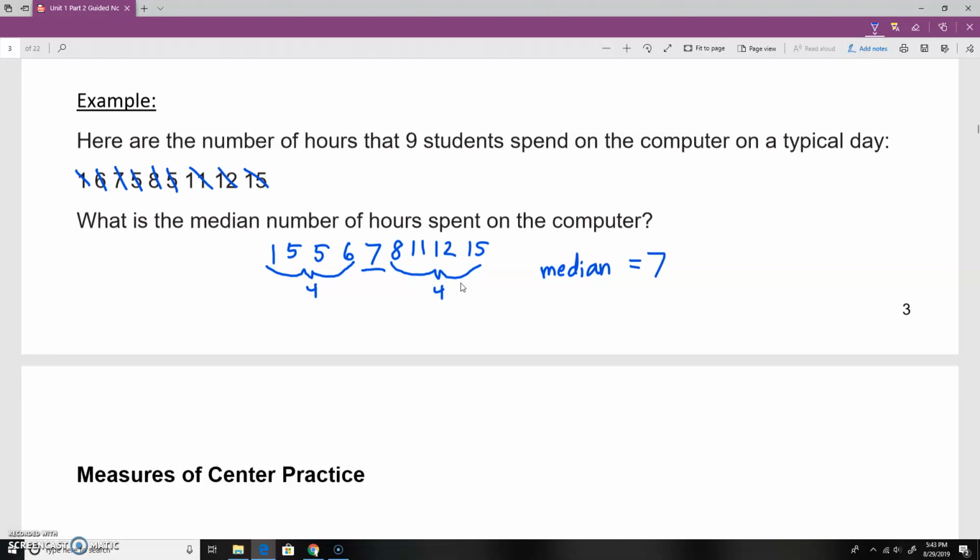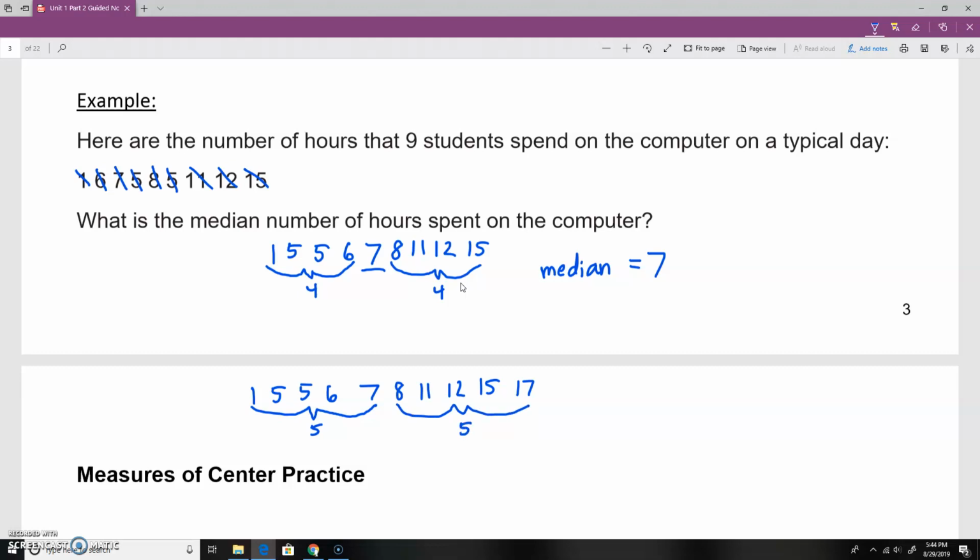Now let's say I had those same values, but I'm going to add another value, which is going to be 17. I'm going to add it to the end here. Well, now you can see if I break it in half, I have 5 on this side.